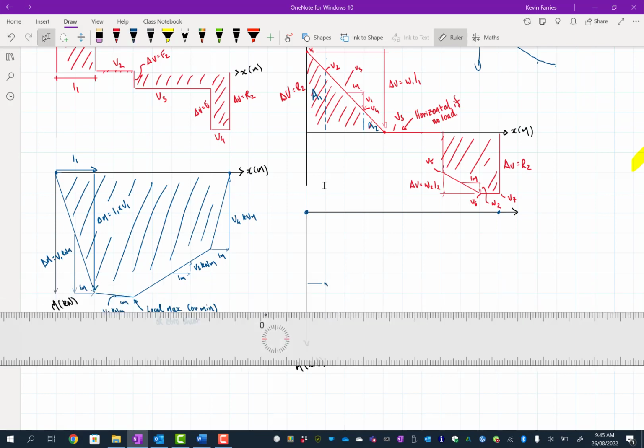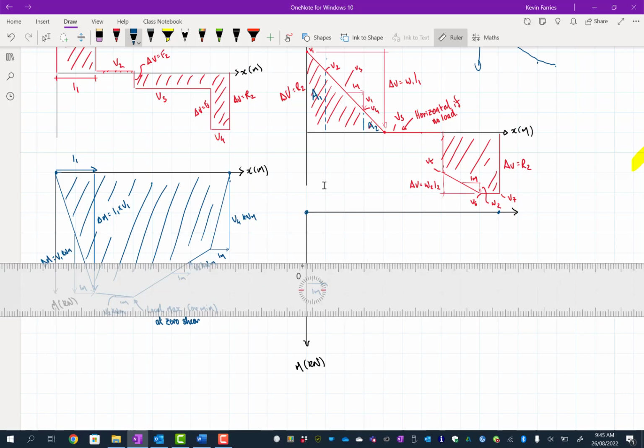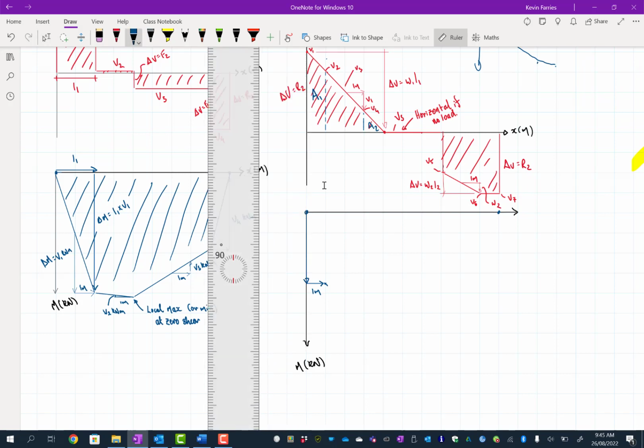So say that was 1 meter. Then we'll come this way. It's a little hard to see, that's okay. And I should have done those light. See if I can make them thin. I can.